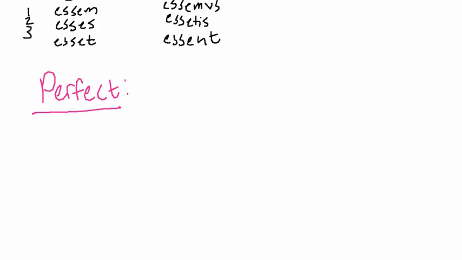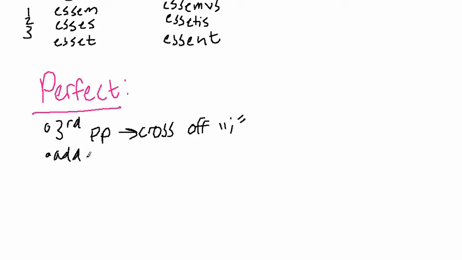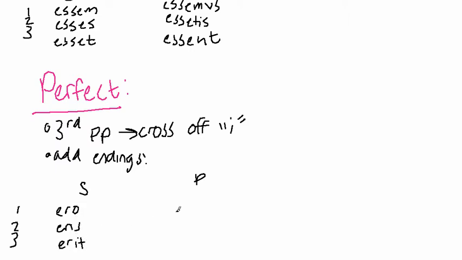For the active, you again take your third principal part and cross off the I. But this time you add the following endings, singular and plural, 1, 2, 3: erim, eris, erit, erimus, eritis, erint.